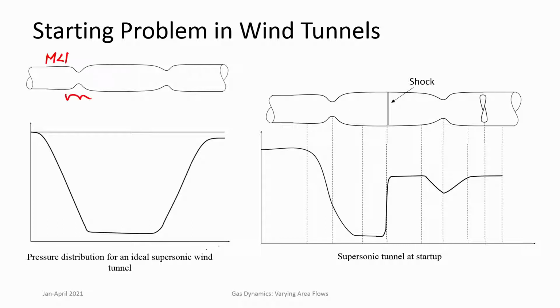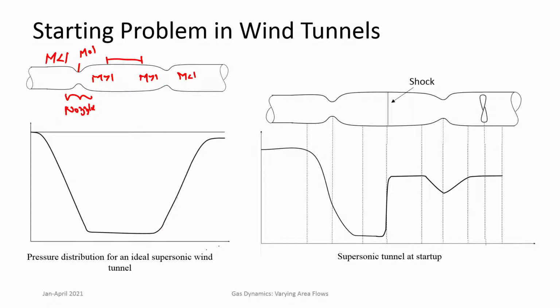Then in the nozzle it accelerates, pressure reduces, you have Mach number 1 at the throat, and then you have the test section in this region, and after the test section the flow diffuses from Mach number greater than 1 to Mach number less than 1.